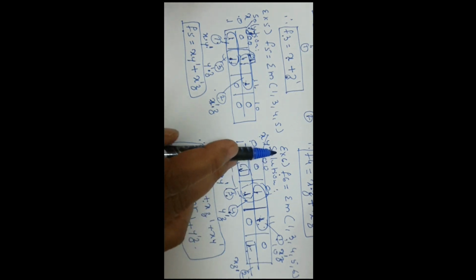So x y dash is a selective prime implicant. We may write the selective prime implicant 3 or 4. So 3 is written here, 4 is written here. So this is the final solution of example 6. So I hope you understood.